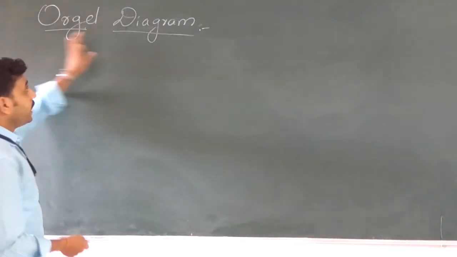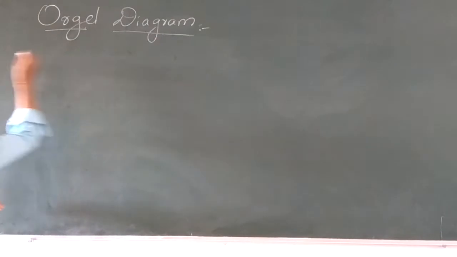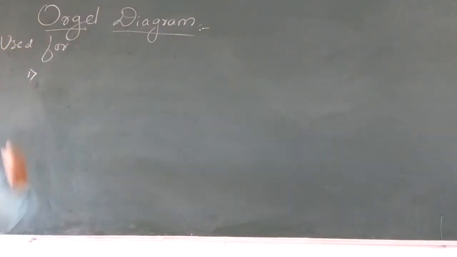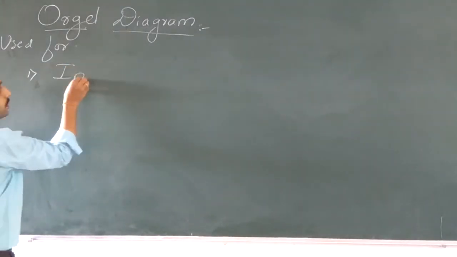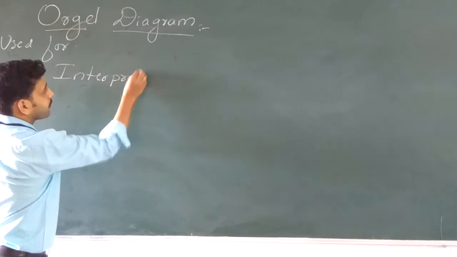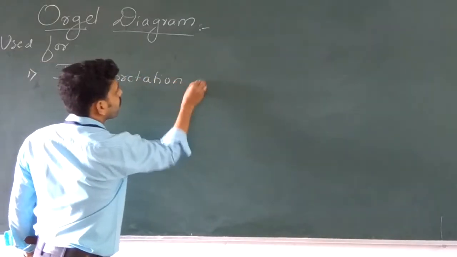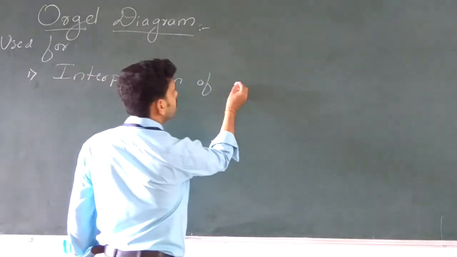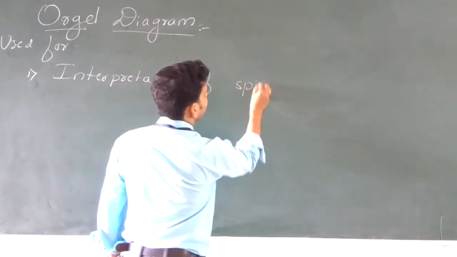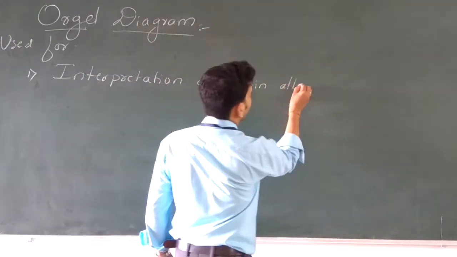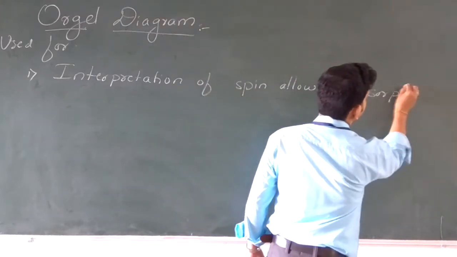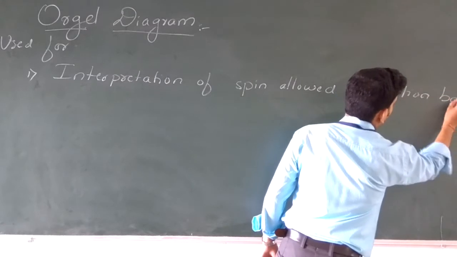The Orgel diagram is used for, the first point, interpretation of spin allowed absorption bands.